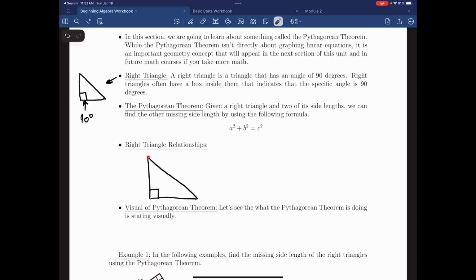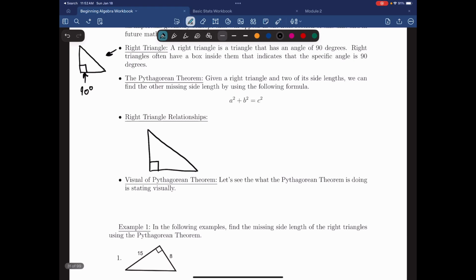And notice here we have three lengths, 1, 2, 3, and three variables, 1, 2, 3. So variables A and B represent what is called our legs of the triangle. And our variable C represents what is called the hypotenuse of the triangle.